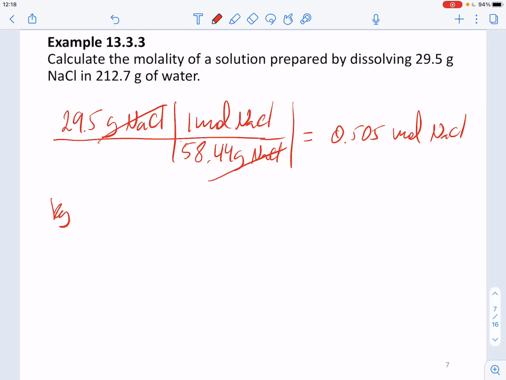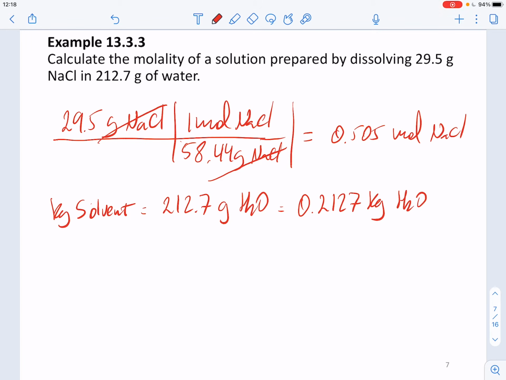Now we need kilograms of solvent. We have 212.7 grams of water, and this is a rather straightforward conversion, so this is 0.2127 kilograms of water.